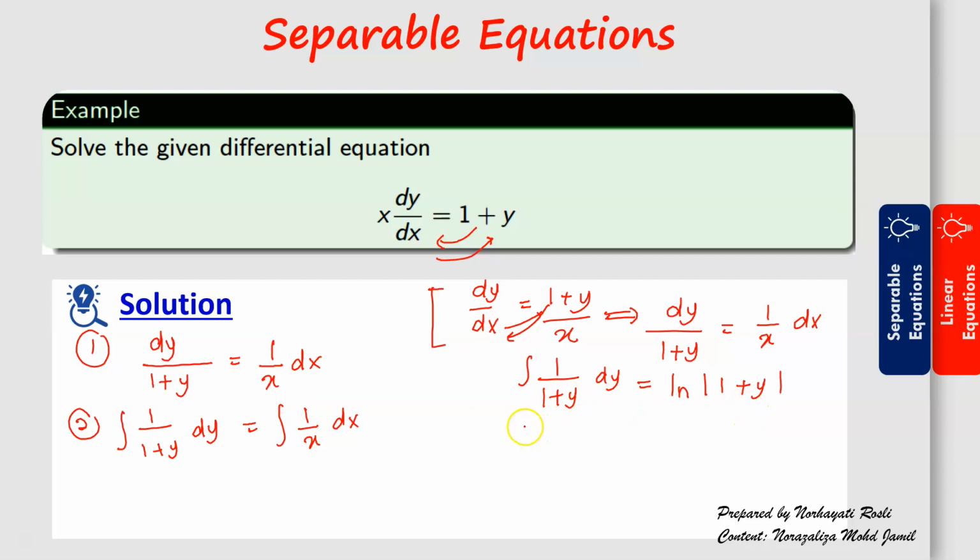And then, class, when I want to integrate this side, which is the integration of 1 over x dx, it is direct. You can base it on the mathematical formula book. You'll get ln x plus c. So when I substitute all this and solve the integration, I have ln |1 plus y| equal to ln x plus c.